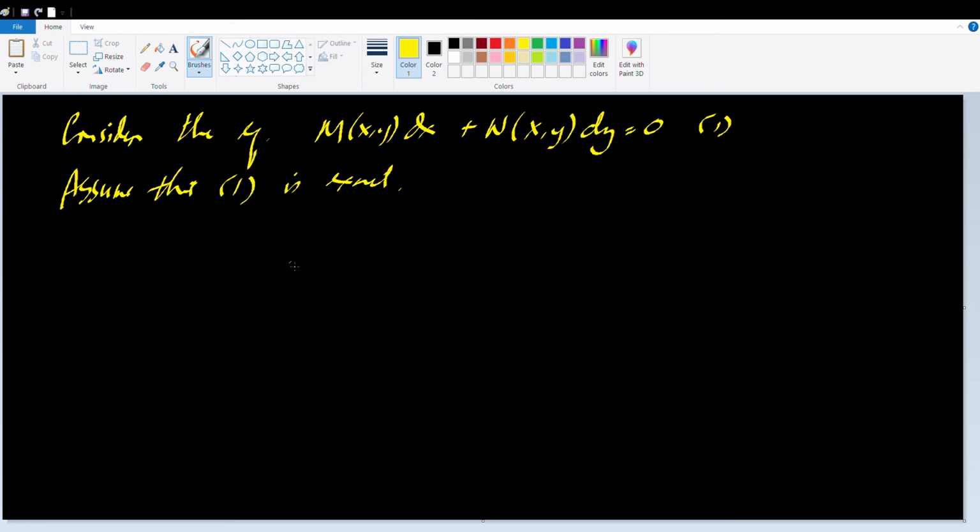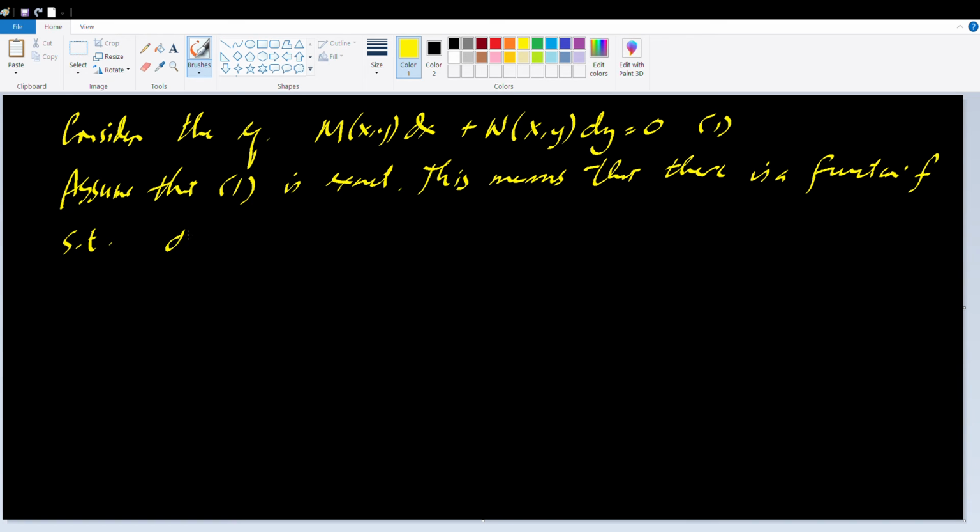From the definition of an exact equation, this means that there is a function f such that the differential of f is equal to M(x,y) dx plus N(x,y) dy equal to 0.